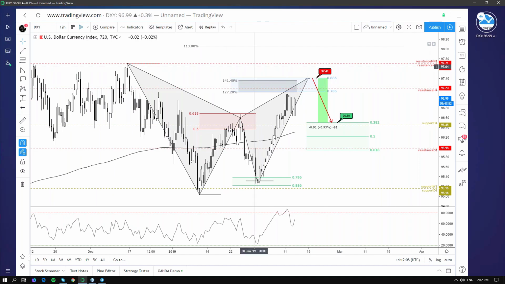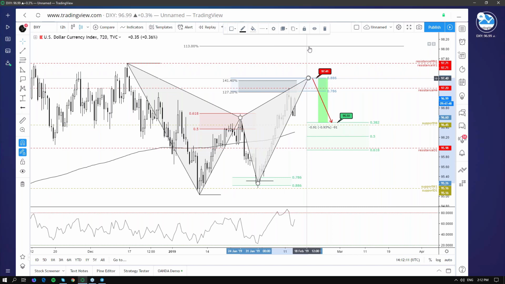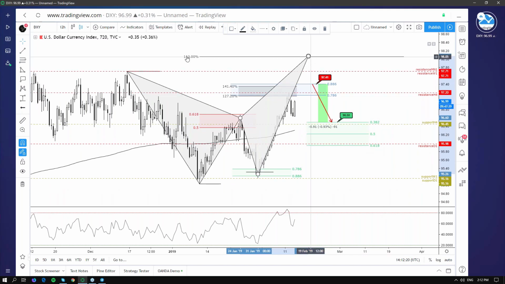Obviously, bearish pattern at 88% retracement, our bat pattern at 113 extension. So if there's an objective to print a new high above the previous ones, there's the 113 extension.